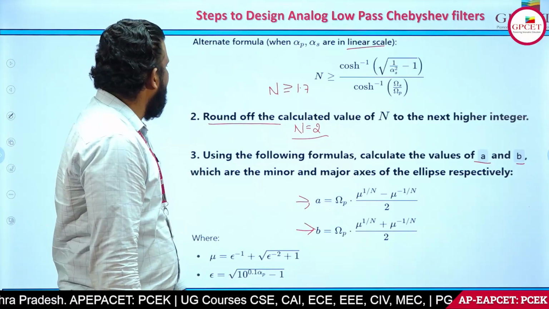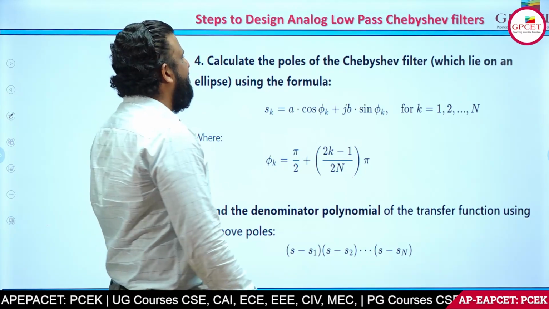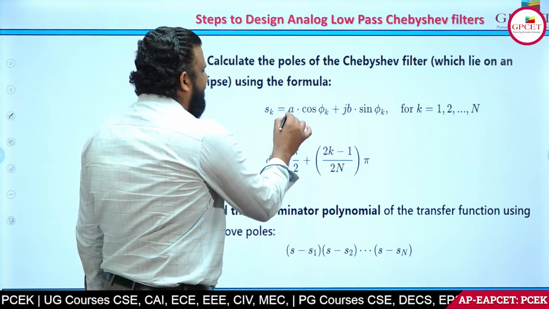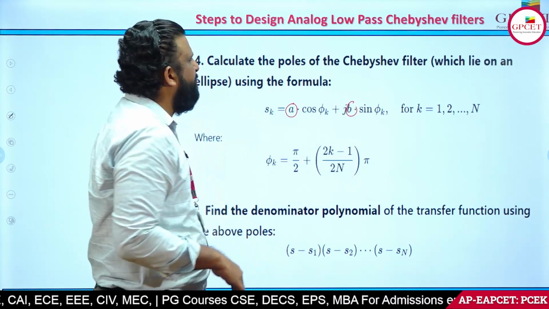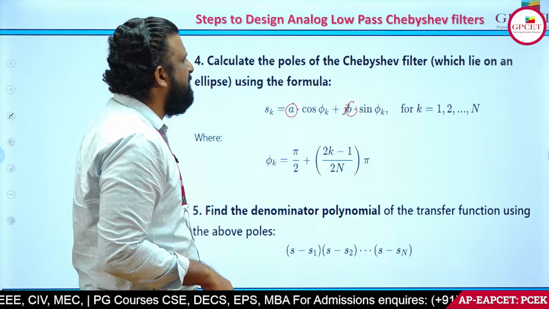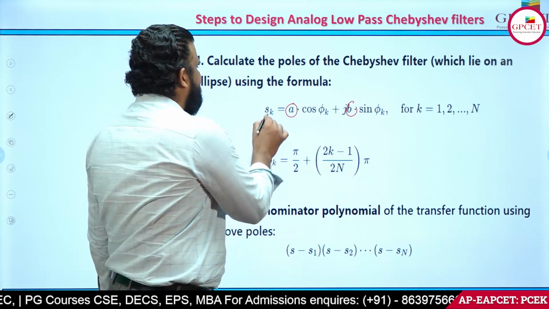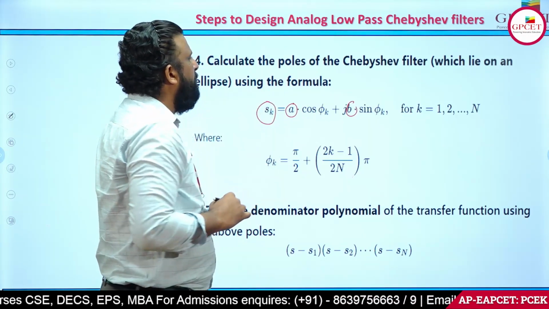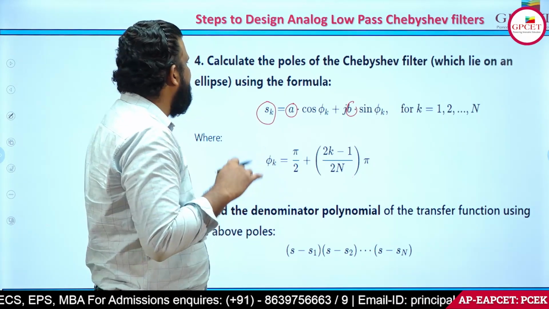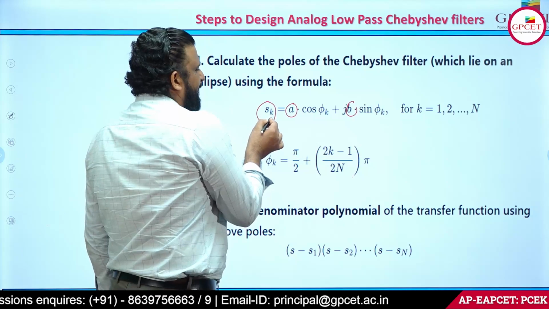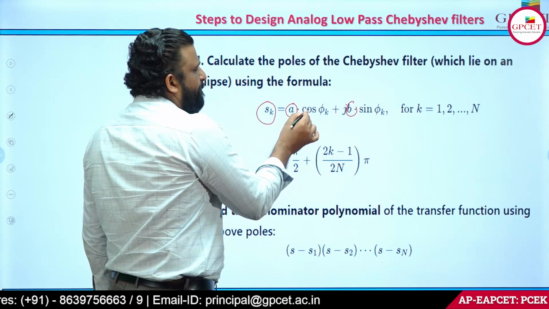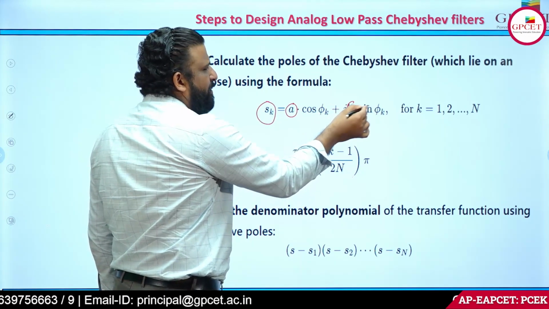Fine. Now coming to the fourth step. After calculating the values of A and B, in this fourth step we are going to calculate the poles of the Chebyshev filter, which lie on the ellipse, using the formula Sk is equal to A cos phi k plus jB sin phi k.